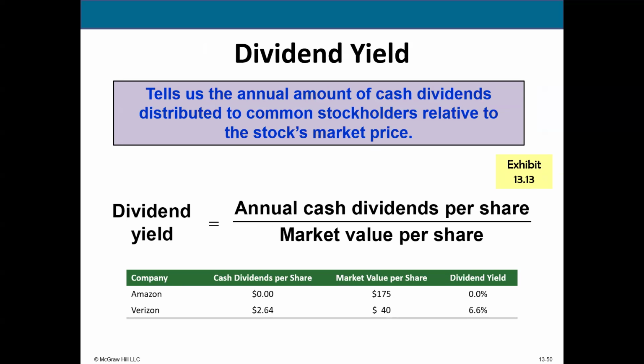We look at the dividend yield with respect to the market price per share, as how or if the company is able to pay dividends. And so to do that, we take the annual cash dividends per share divided by the market price per share. That gives us what we call dividend yield.